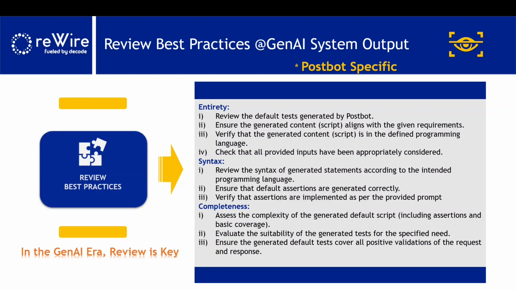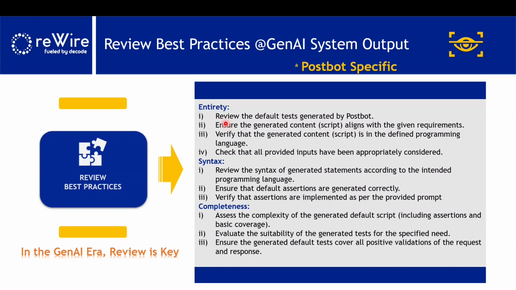Now there are three categories that I come across while reviewing. One is entirety, which means totally what we have to look into. The second is the syntax. If you are working on any of the copilots which generate code, you need to check the syntax.